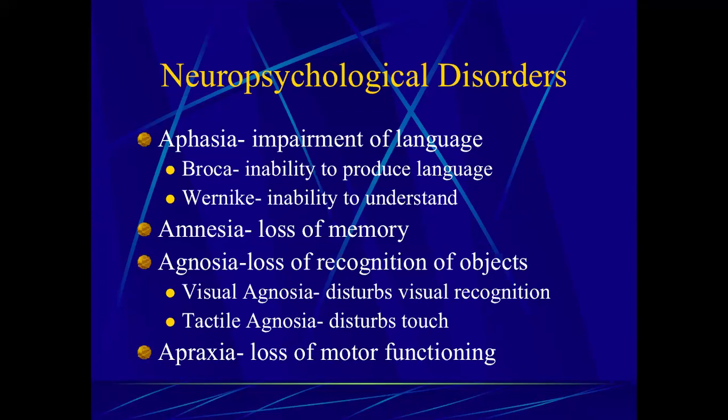So we use our visual system, but that isn't the only way we recognize objects. So I could have you blindfolded and put a series of objects in your hand, and you would, in general, be able to recognize what the object is based on touch.